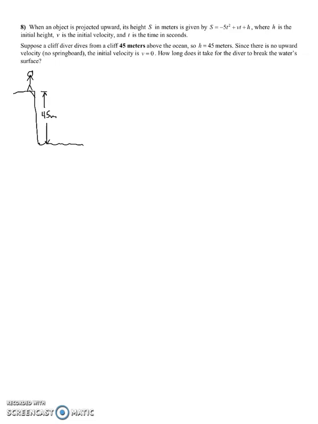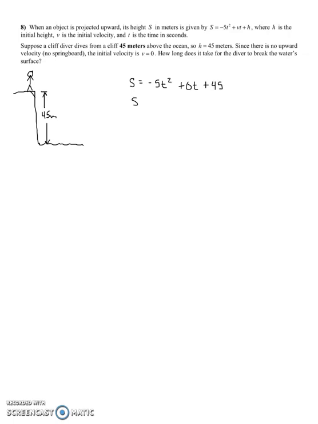So h is 45, and since there's no initial velocity, v is 0. So our equation is s equals -5t squared plus 0t plus 45.